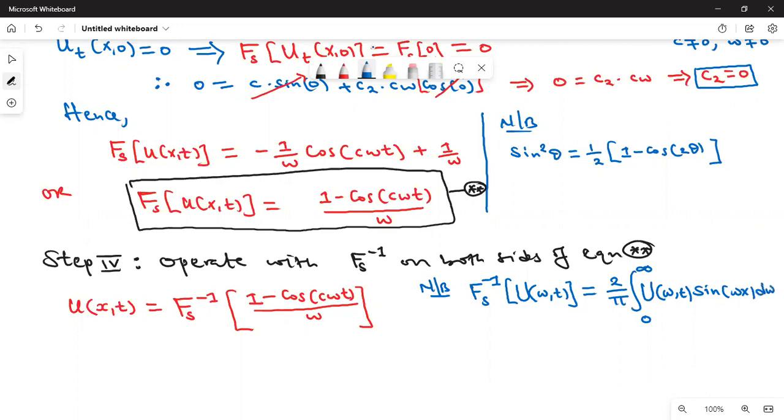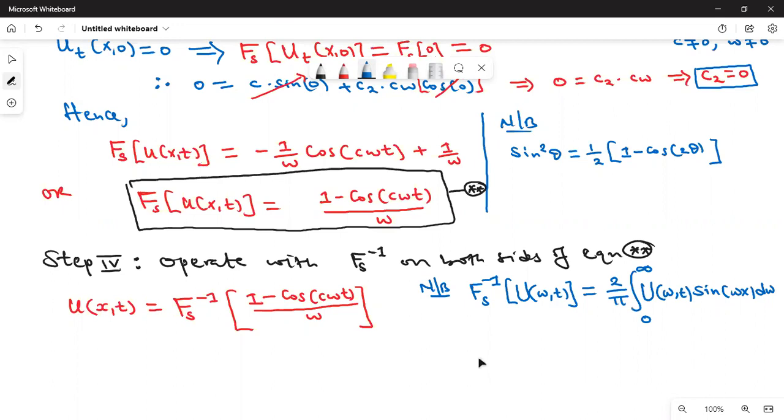That is what we call the inverse Fourier sine transform of the function U of omega, t. Now we want to follow the same idea to find the inverse Fourier Sine transform of what we have there. And remember, when you find the inverse, you will go back to a function of x and t. That's very important, where x extends from 0 to infinity.